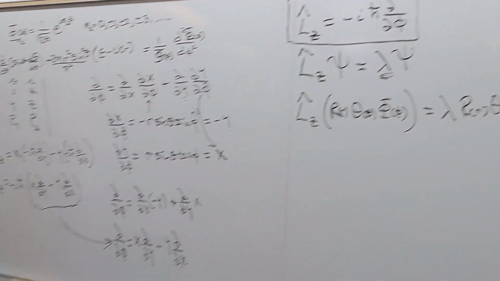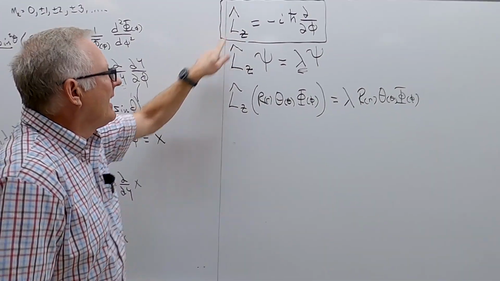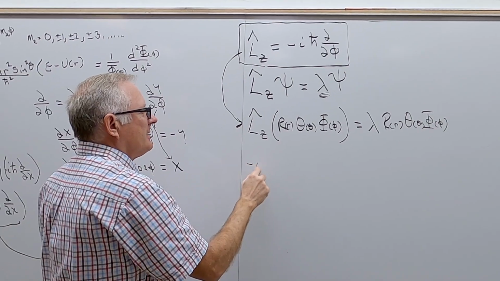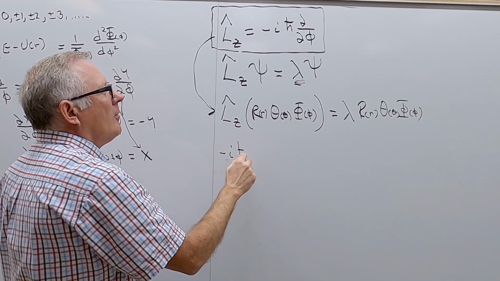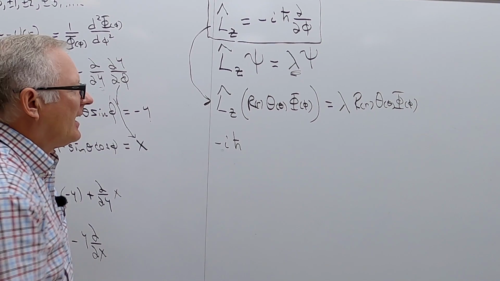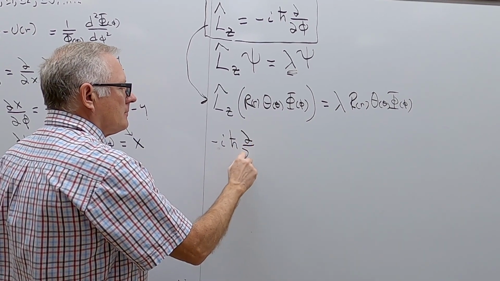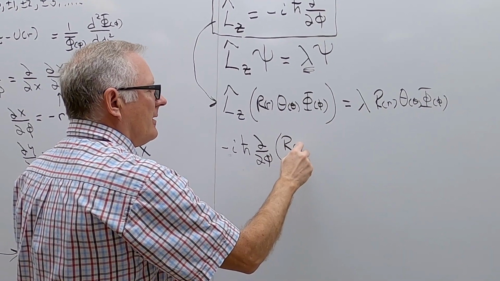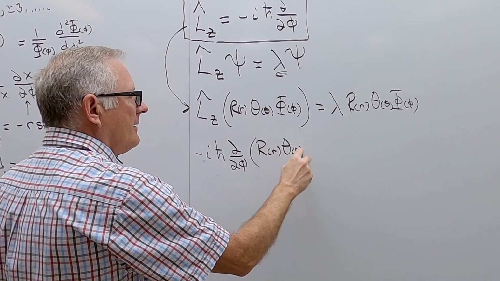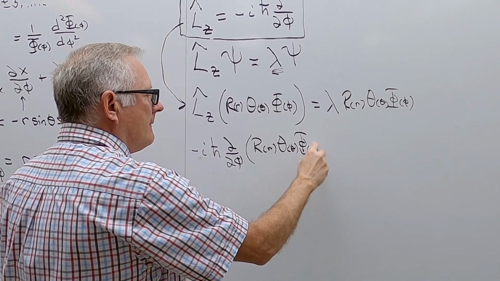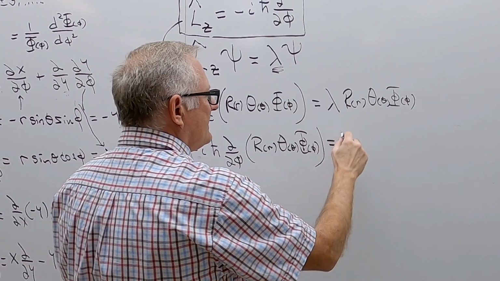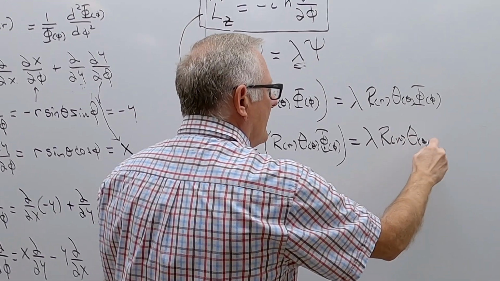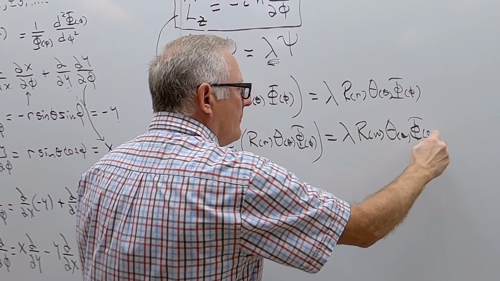Okay, now we can plug in that down into here. So we get minus i h bar partial with respect to phi times all this, R sub r, Theta sub theta, Phi sub phi, equals, this stays the same, lambda R sub r, Theta sub theta, Phi sub phi.